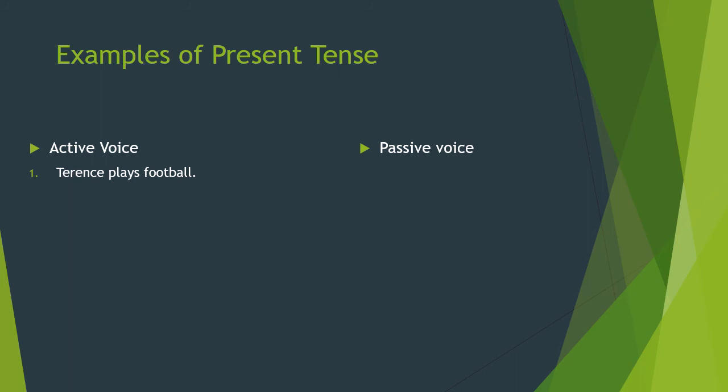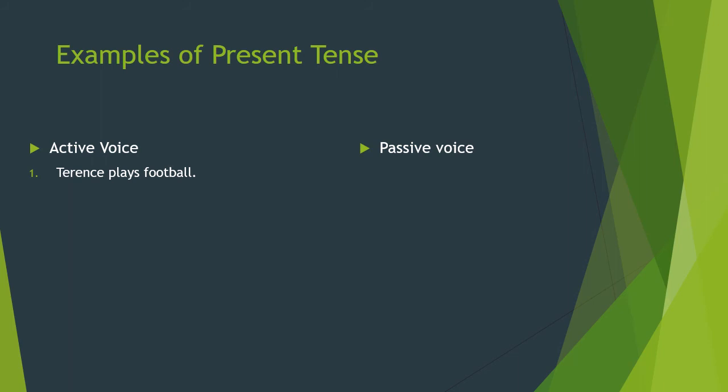Now the tense of the verb: it is in simple present tense. In passive, it will change into the to be form plus the past participle form of play. Now what is the past participle form of play? It is played. Okay, so in passive it will become is or are played.